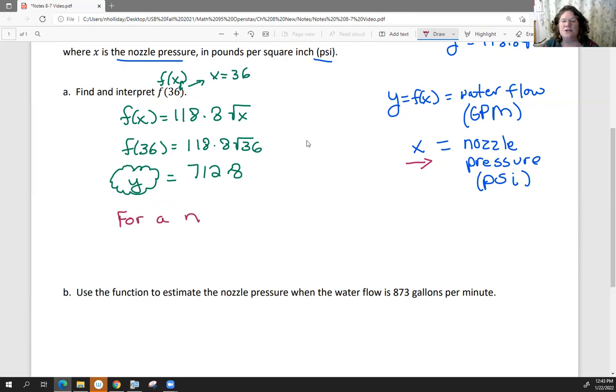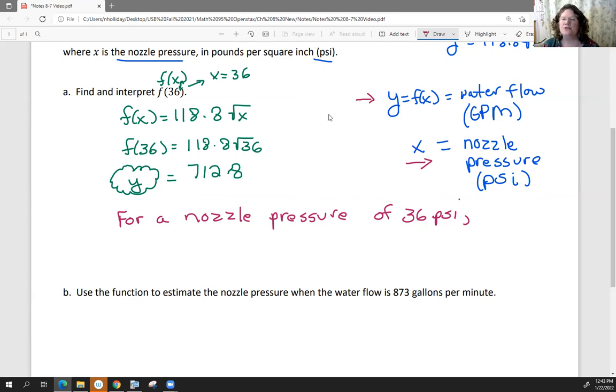So to formulate our answer, we can say for a nozzle pressure of 36 PSI, pounds per square inch, comma, and then we interpret the y variable that we got out of this, the f of 36, and that's 712.8, and that is our y value, which is water flow in gallons per minute.